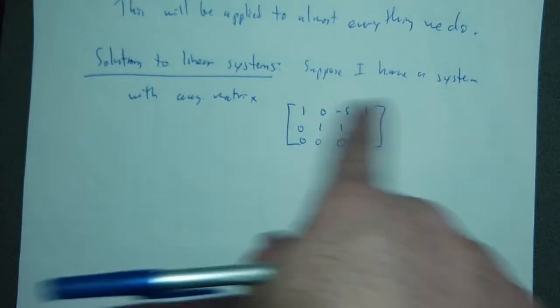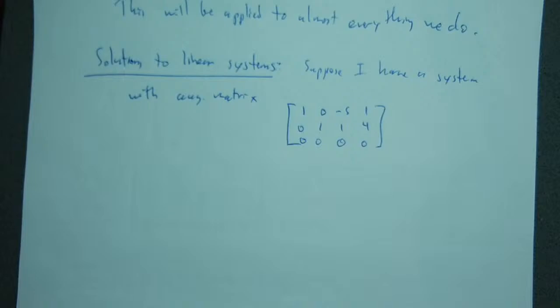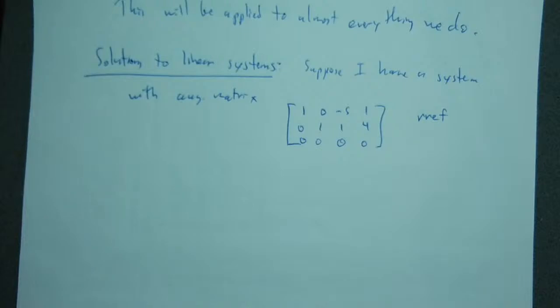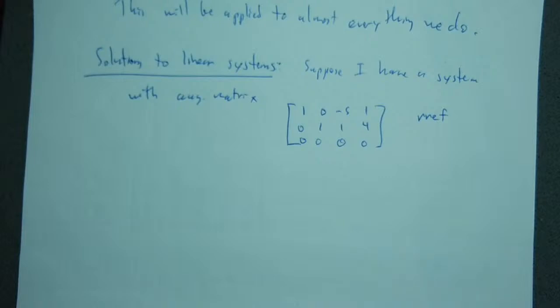All right. So suppose I have a system like this. This has already been put into reduced row echelon form. So this is already RREF. So I don't need to do anything. Once I've got it in this form, it might have started as any other matrix that's row equivalent to this that's not in reduced row echelon form. But here I have it in reduced row echelon form.